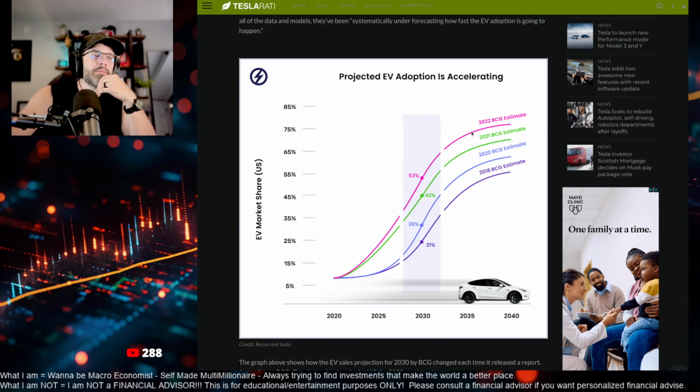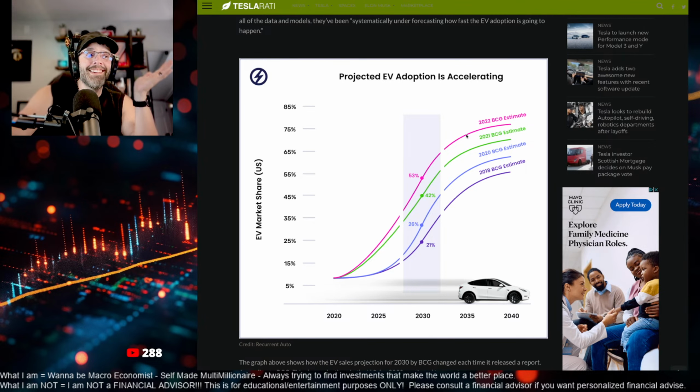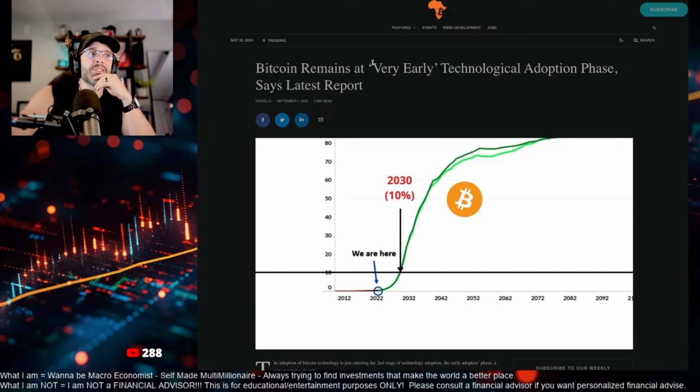And then here, almost at full adoption within 10. Tesla has a ton of them. Tesla will be the biggest company on earth in less than 5 years. That's my take. So don't pass this up. Don't be stupid.